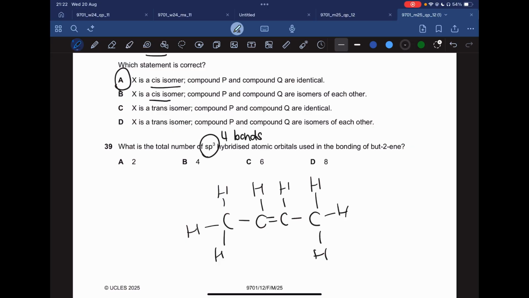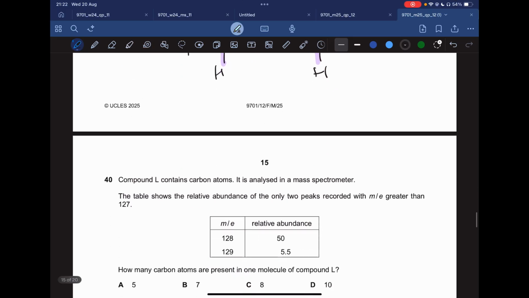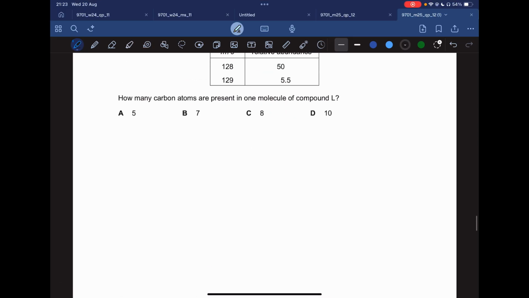When there's 4 bonds, it will form sp3. So 1, 2, 3, 4, that is sp3. 1, 2, 3, 4, that is also sp3. Now the carbons in the middle become sp2 hybridized. So therefore, the answer here is D, 40.